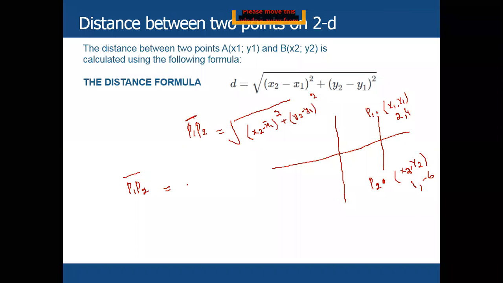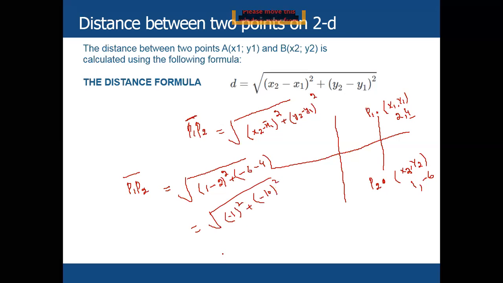We have the square root of x2 minus x1. So x2 is 1 minus x1, which is 2, whole square, plus y2 minus y1, so -6 minus 4. So (1 minus 2) whole square, which is (-1) whole square, plus (-6 minus 4), which is -10, whole square.